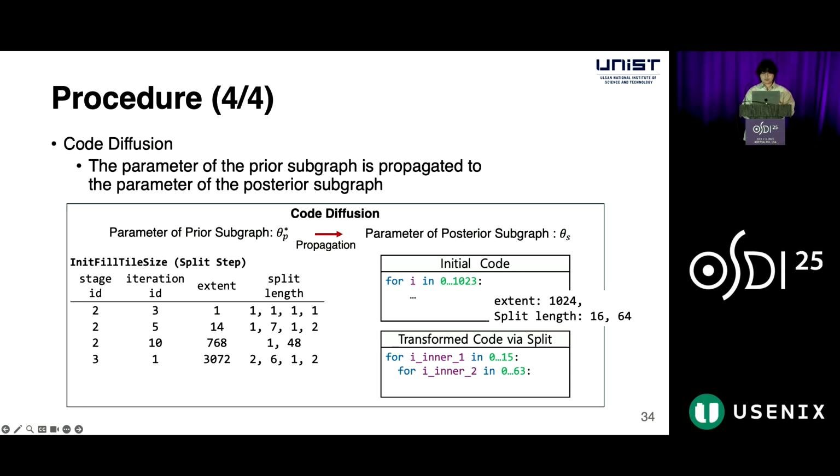The example on the right indicates the original code and the transformed code by the split rule and their parameters named split length. So a loop with extent 1024 is split using parameters 16 and 64. As a result, the inner loops will iterate 16 times and 64 times, respectively.